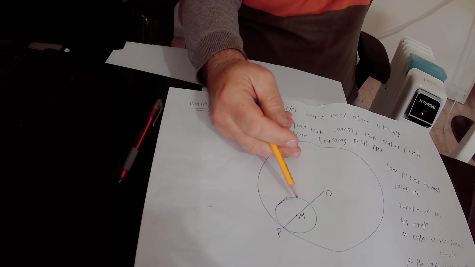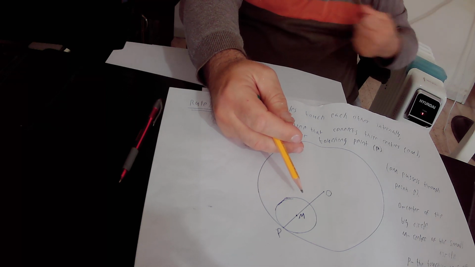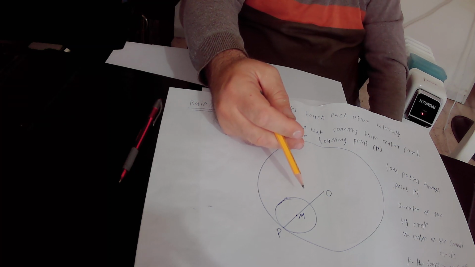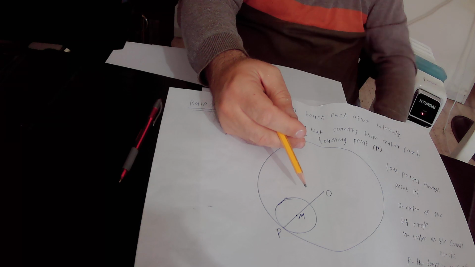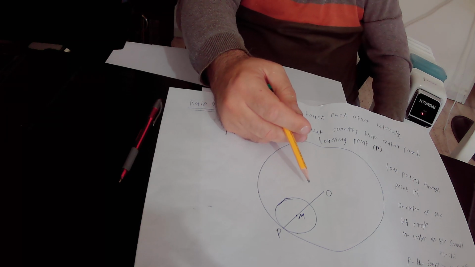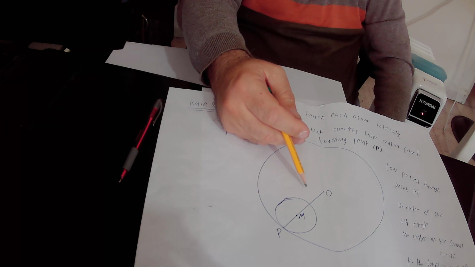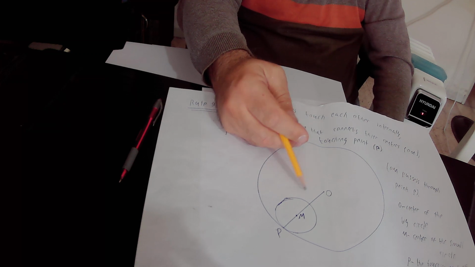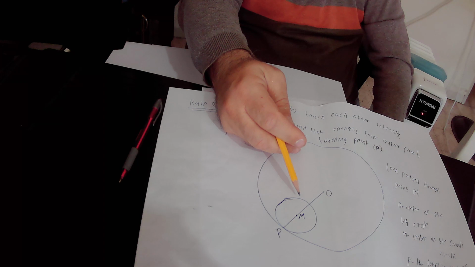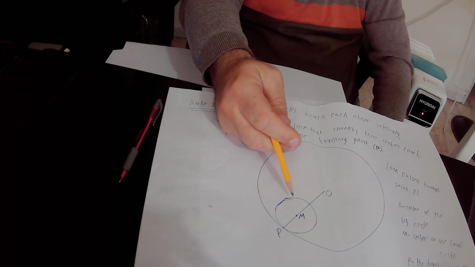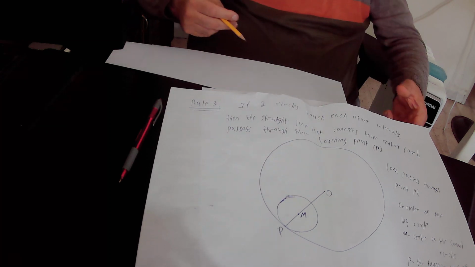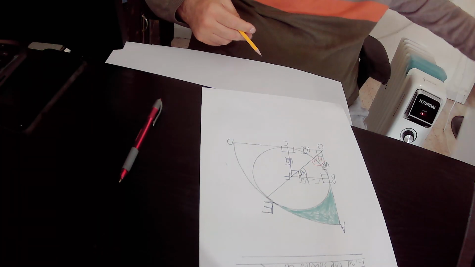Okay? So whenever you have an internal touch between two circles, that is to say, if two circles are touching each other internally, then the straight line that connects the centers together must pass through their touching point. In this case, OM, the straight line that connects the centers together, passes through point P, or OMP is one straight line. So we can actually implement rule 9 in our drawing.